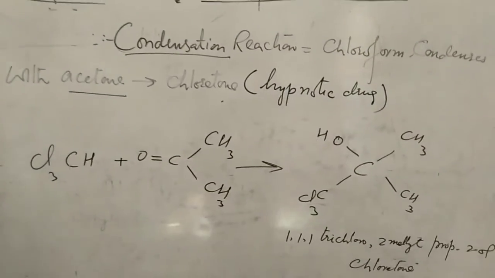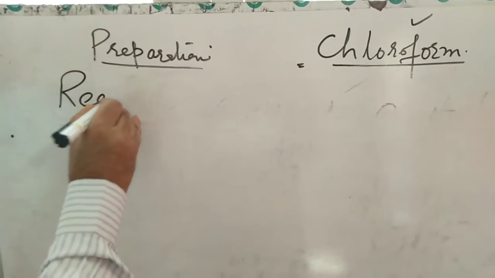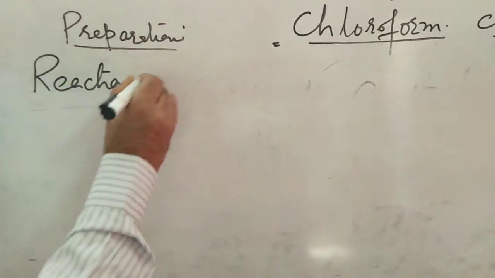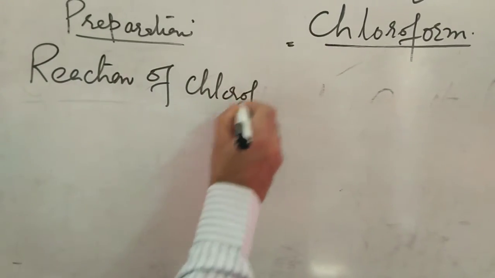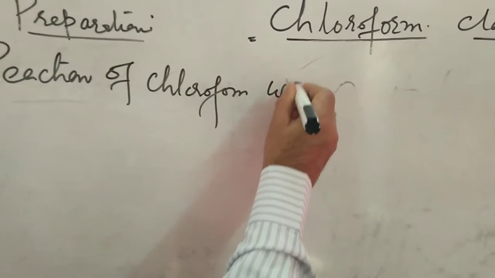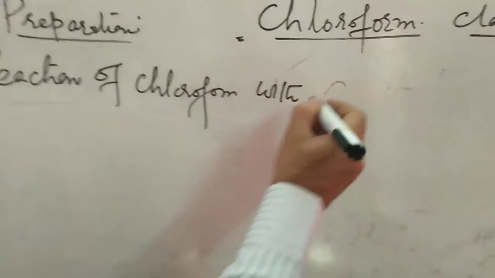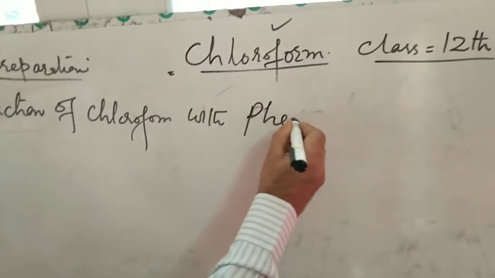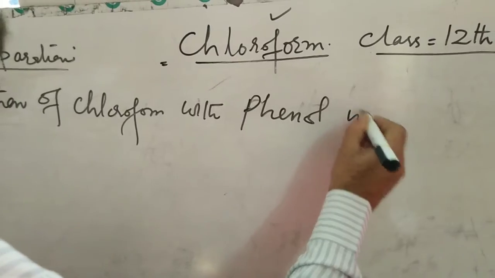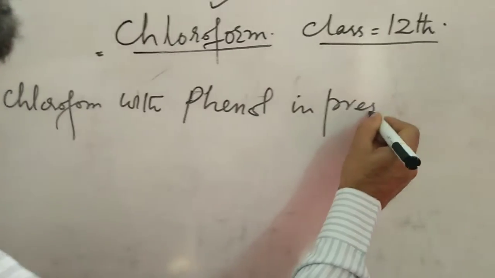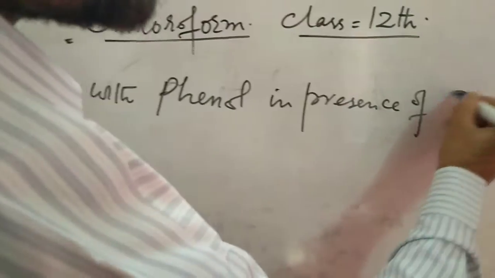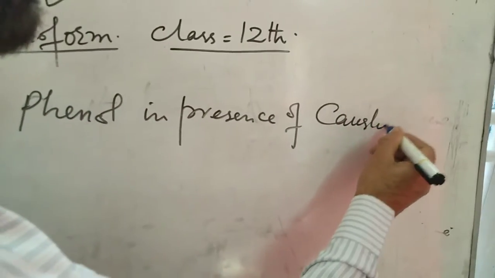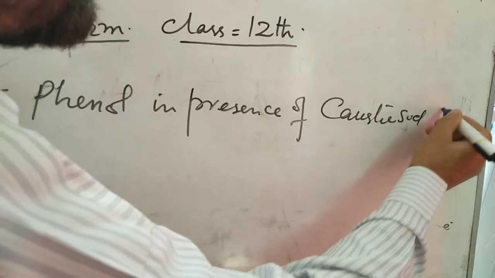इसके बाद action of chloroform with phenol in presence of caustic soda या सोडियम हाइड्रोक्साइड हम लिखते हैं.